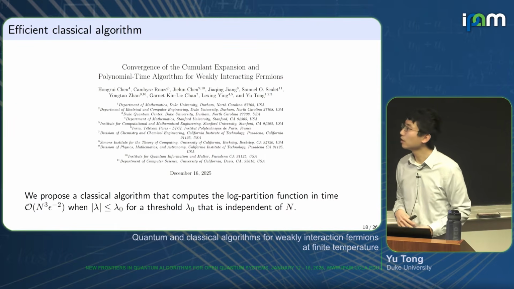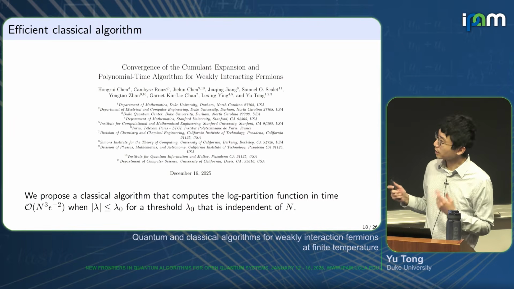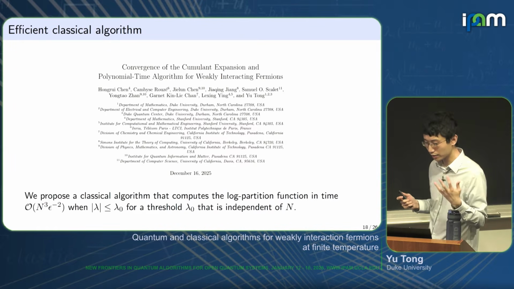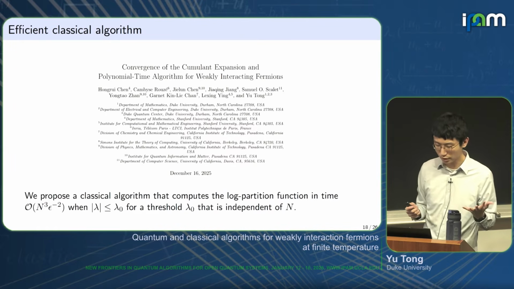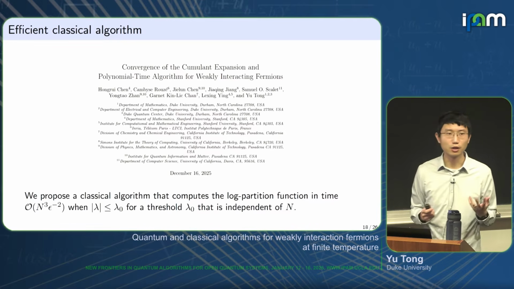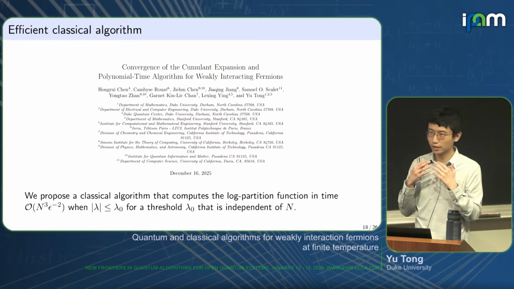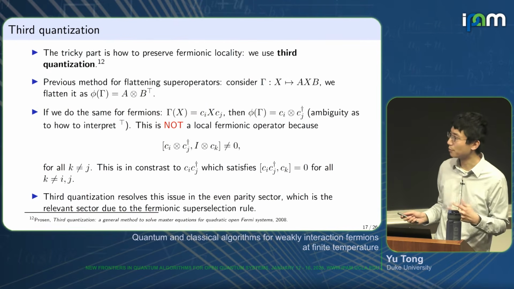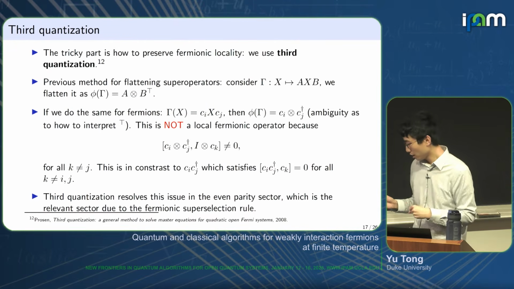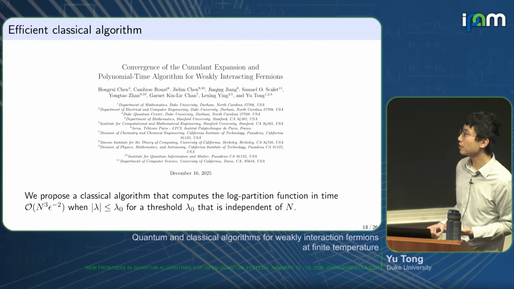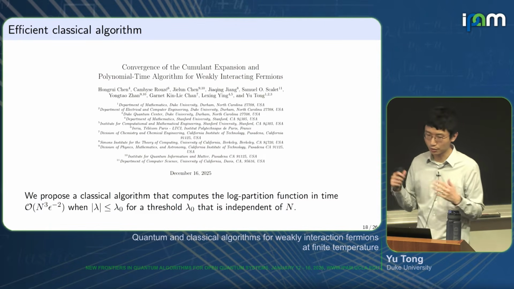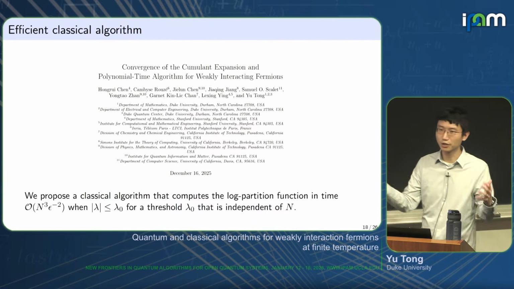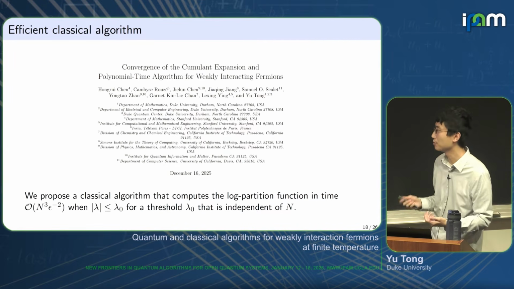But I want to point out the most important thing is that this quantum algorithm we use is a general purpose quantum algorithm. So it was developed to deal with basically any Hamiltonian. Here, the only thing that is specific to this problem is the analysis of the mixing time. Whereas for this classical algorithm, we need to invent a lot of things that are very specific to this problem.